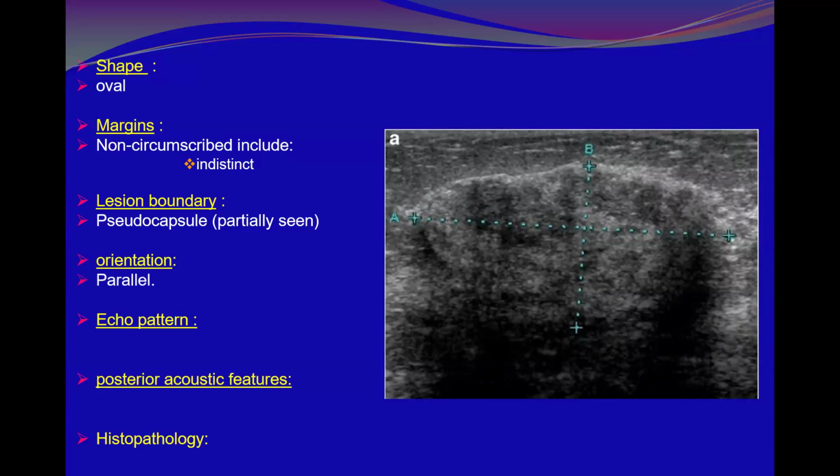Echo pattern. Heterogeneous. Very heterogeneous. Predominantly hyper. Posterior feature. Posterior shadowing. Okay, shadowing. What do you expect histopathology?